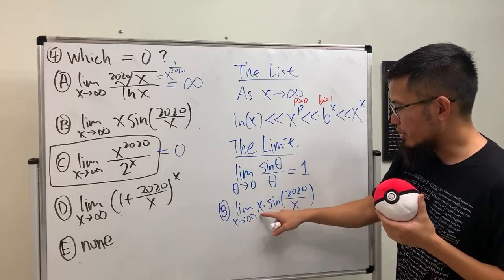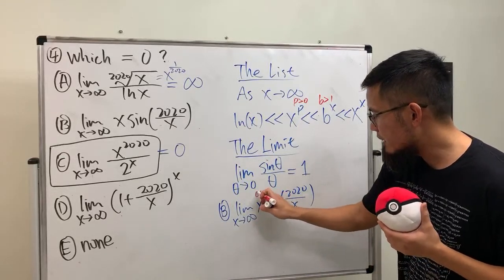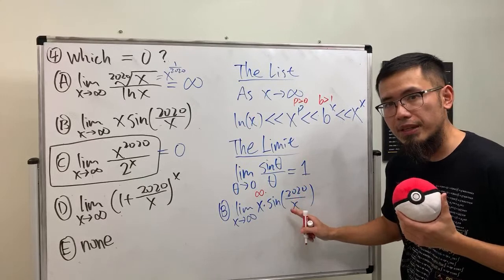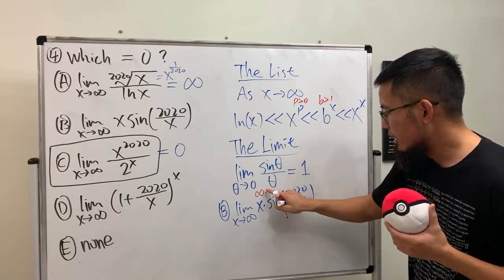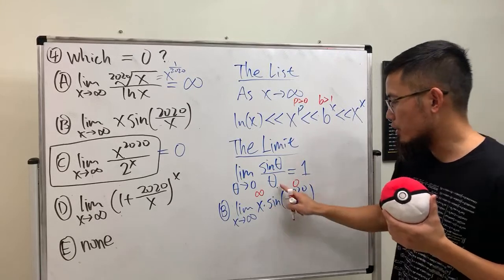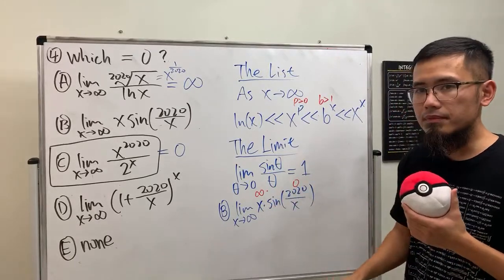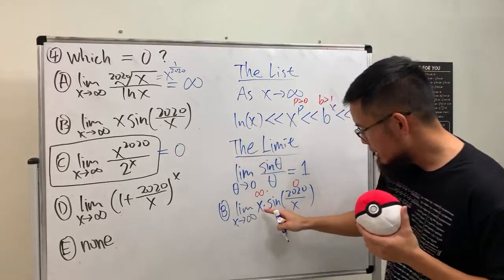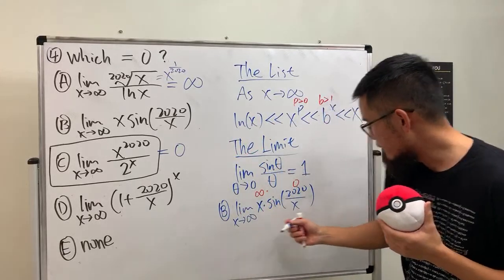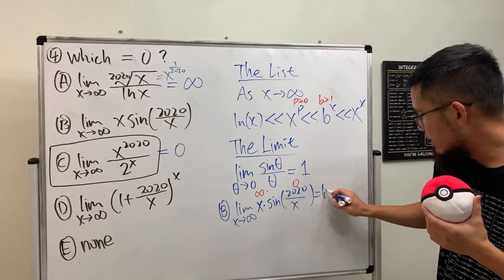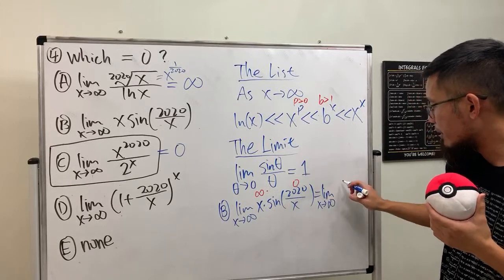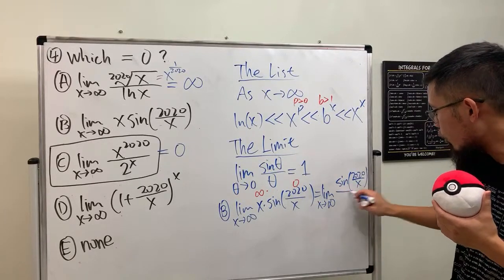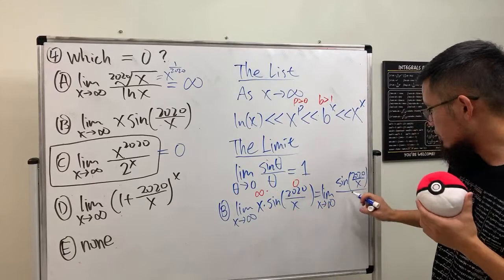If you put infinity in, you get infinity times sine of 2020 over infinity, which is sine of 0, which is 0. So this is an infinity times 0 situation, an indeterminate form. What we can do is bring this down, and you get the limit as x approaches infinity of sine of 2020 over x, over 1 over x.